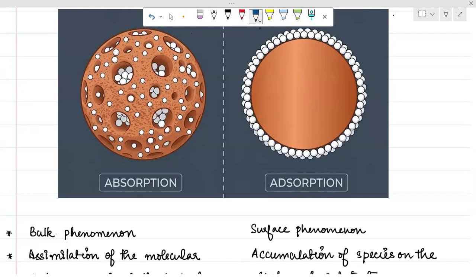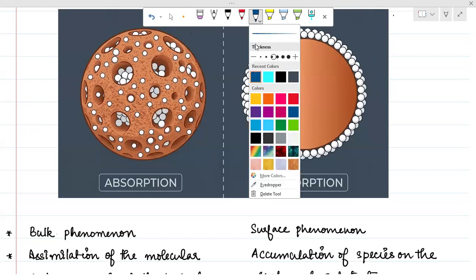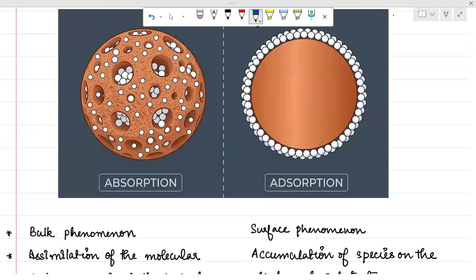So the first component is adsorbent. This, if I have to write it over here, I'll reduce the size. This is adsorbent, which means the component on the surface of which adsorption takes place. So you can see a ball, and on the surface of a cream ball, you can see white balls, correct?